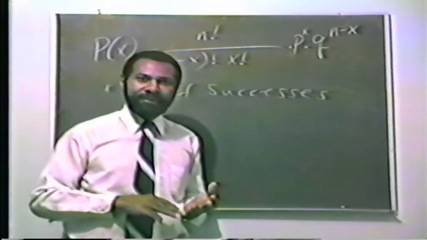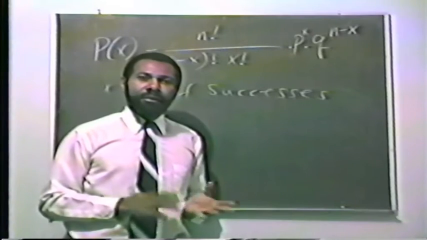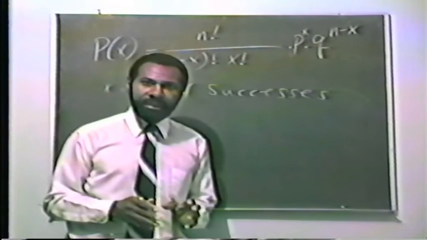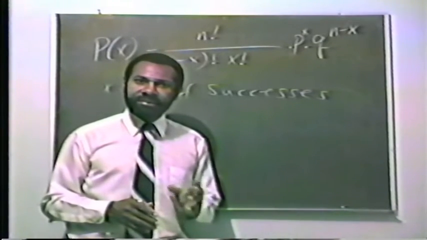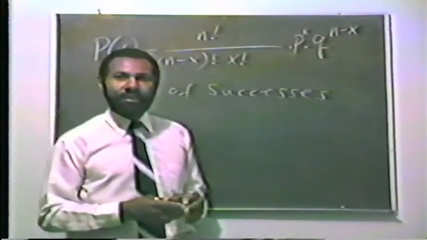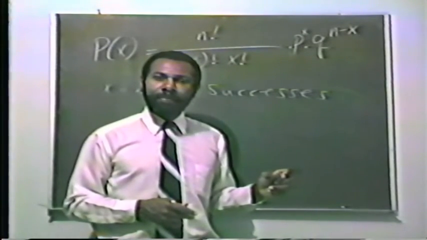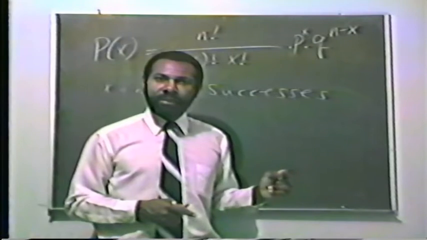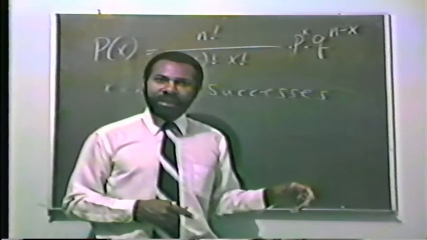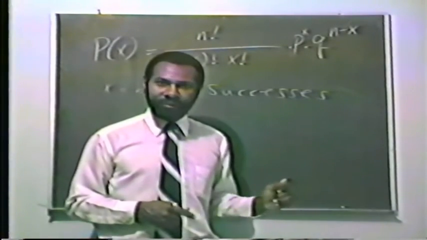We might be trying to find the probability of getting 3 successes in 3 trials, or 4 successes in 10 trials. If we're reaching in a container of balls, we might be trying to find the probability of getting 2 red balls by using 5 trials. By reaching in the container 5 times, what is the probability of getting 2 red balls?